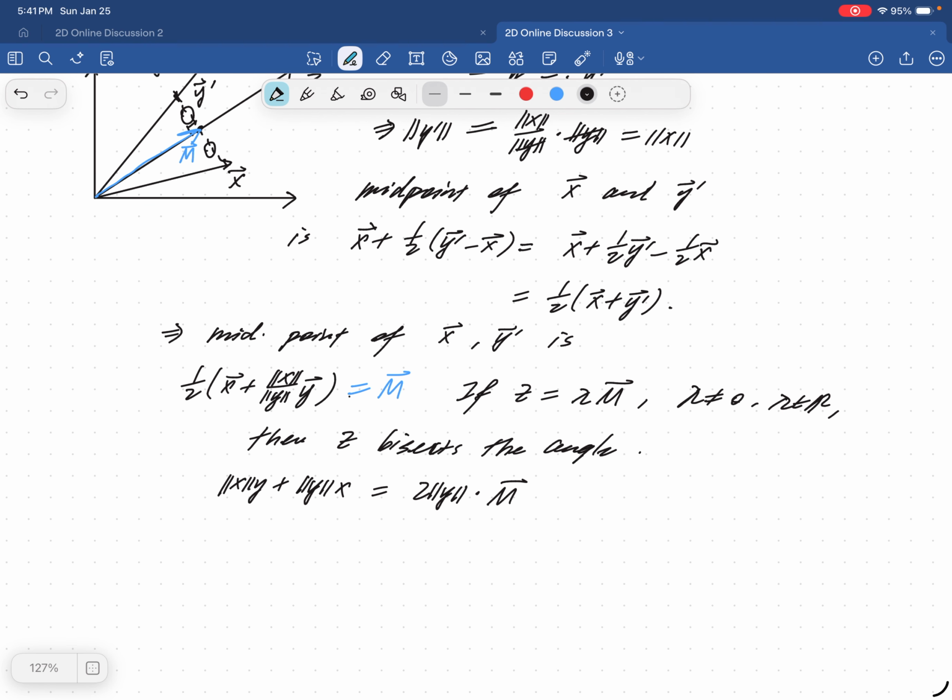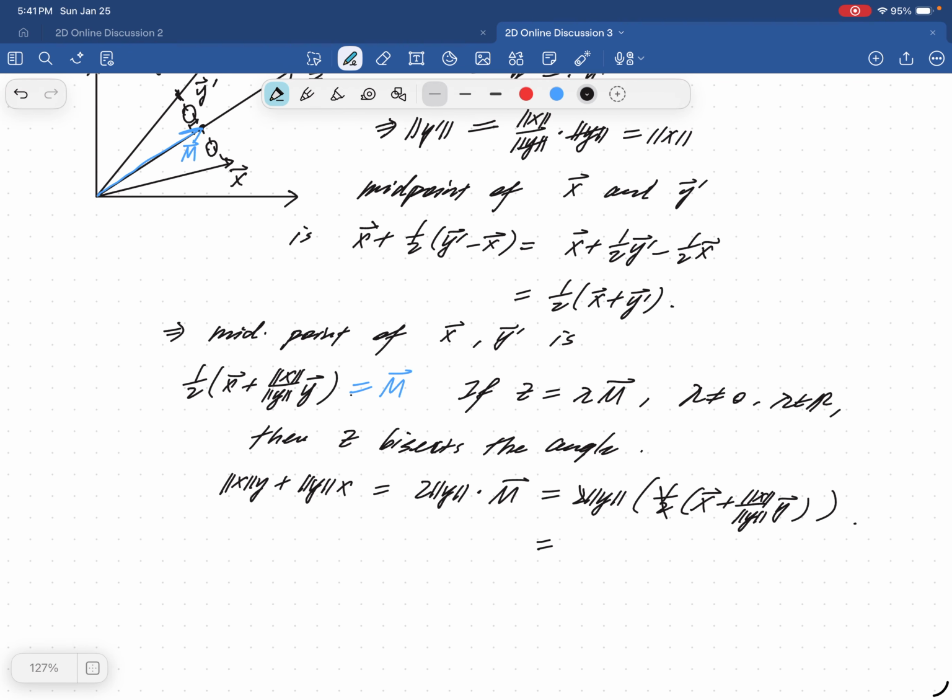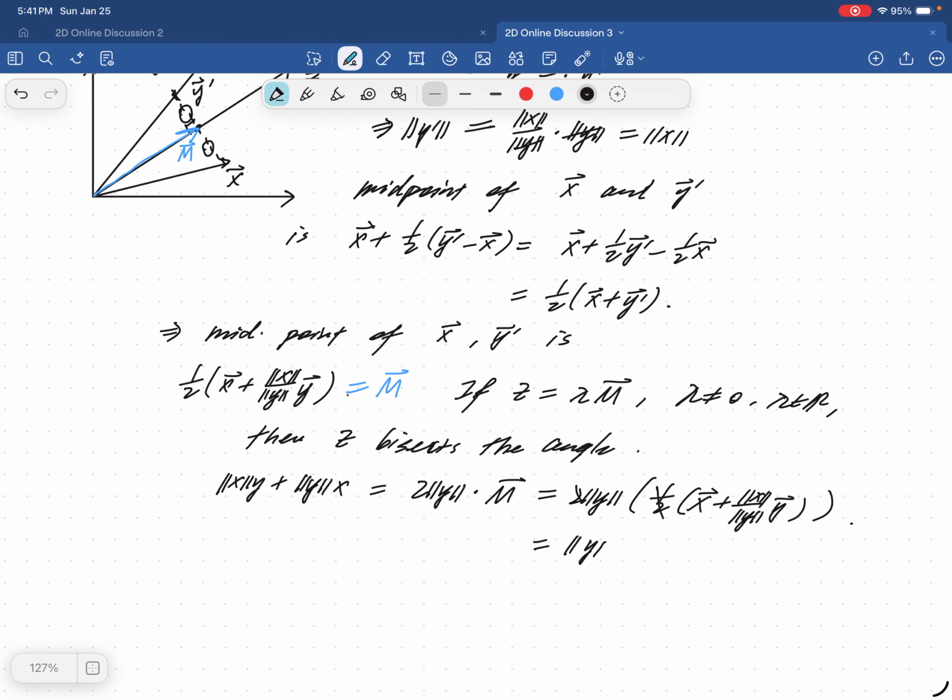Because 2 times norm y times 1/2 of x plus norm x over norm y, y. So the 2 cancels with this 1/2, and so we're left with norm y x plus, and then norm y here cancels with the norm y in the bottom, norm x y. And this completes the proof.